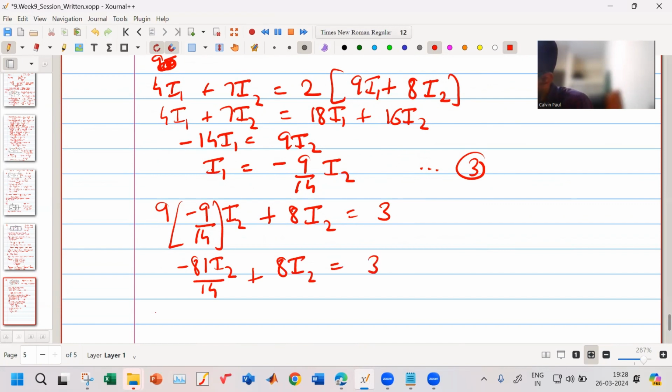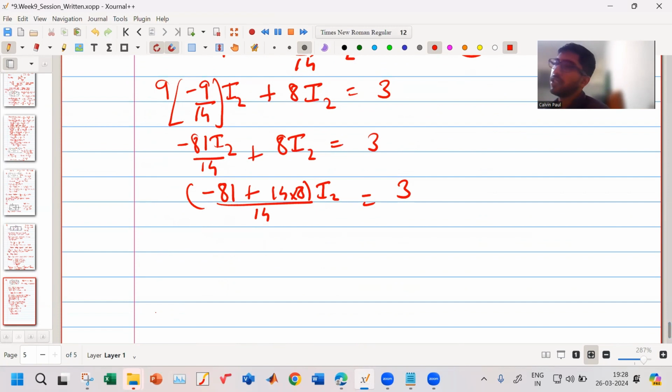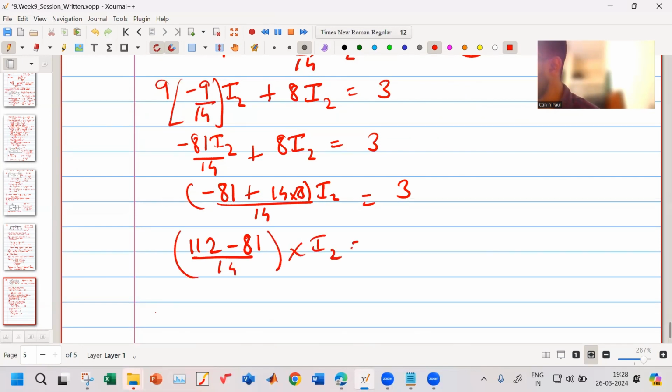So this is actually minus 81 plus 14 into 8, I2 upon 14 is equal to 3. What is 14 into 8? 112. 112 minus 81 upon 14 into I2 is equal to 3.